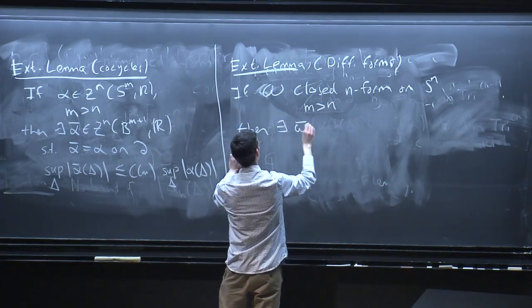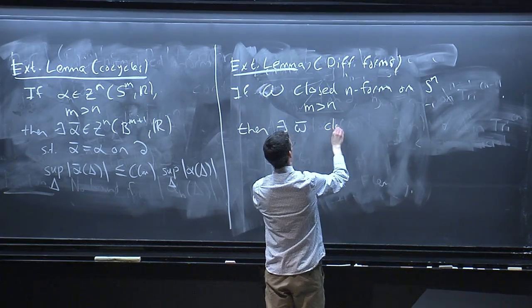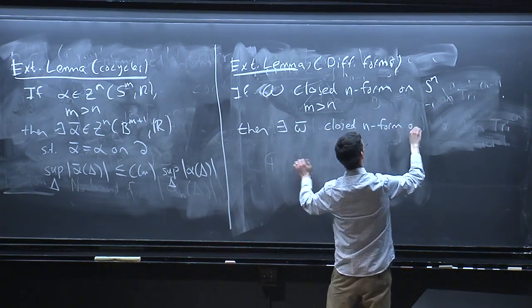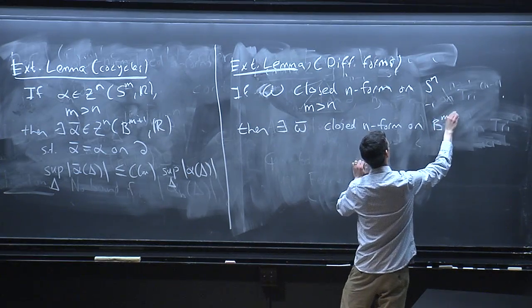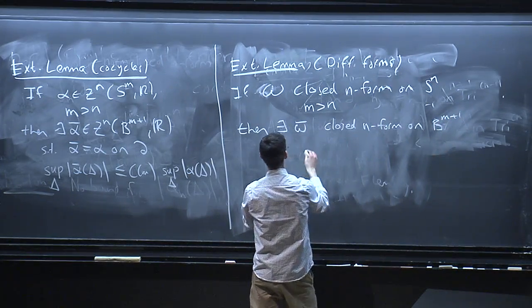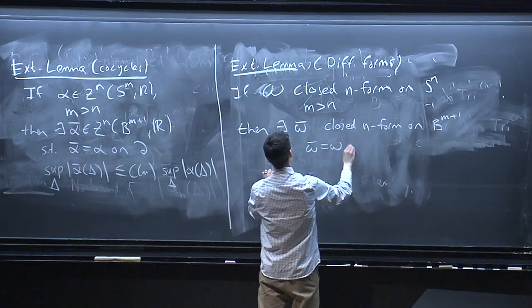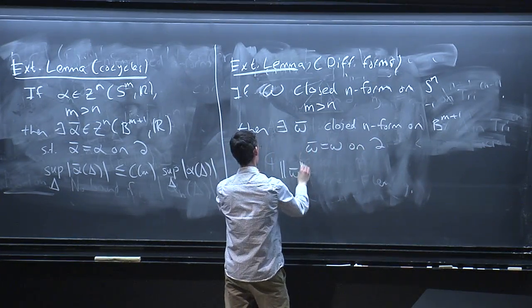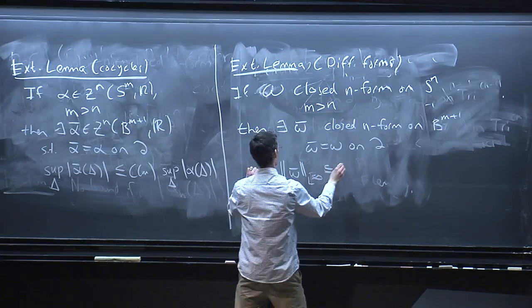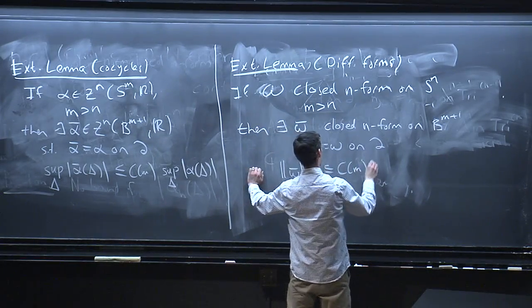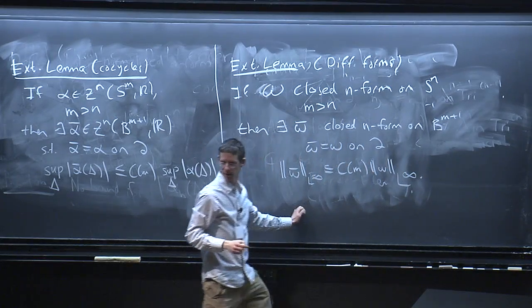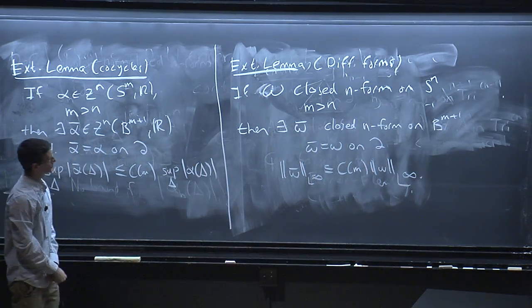There exists omega bar, a closed n form on the ball. And so omega bar equals omega on the boundary and with a bound, the L infinity norm of omega bar is not much bigger than that of omega. Cool.